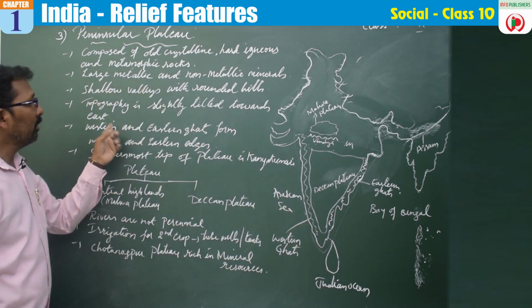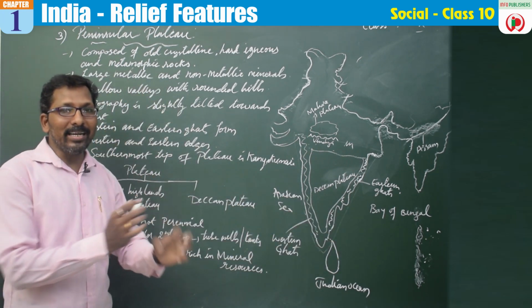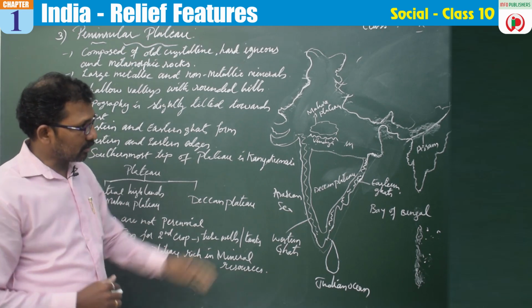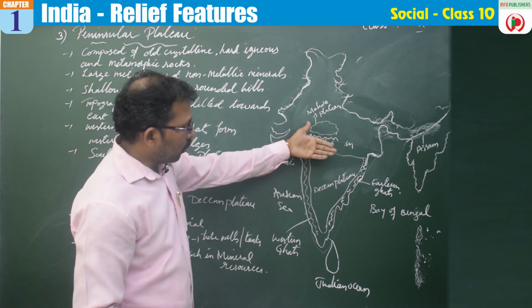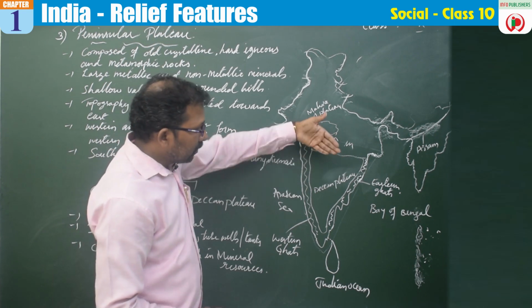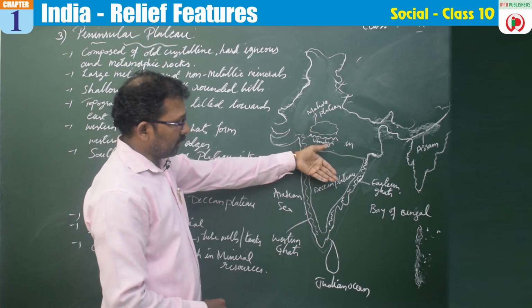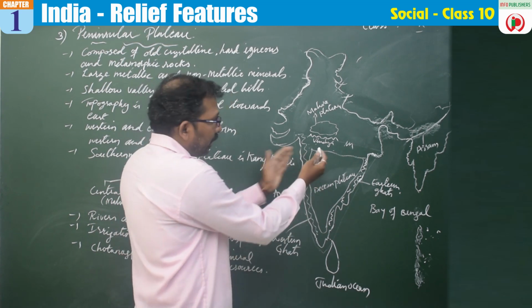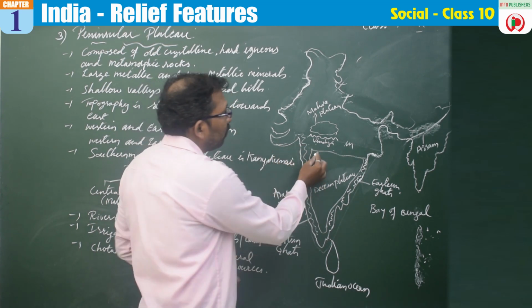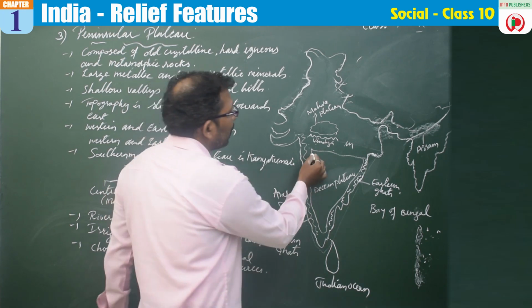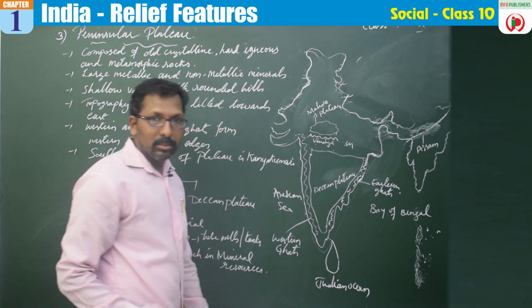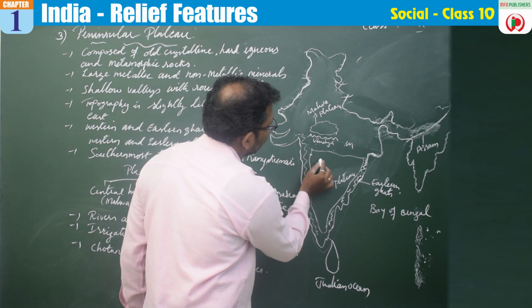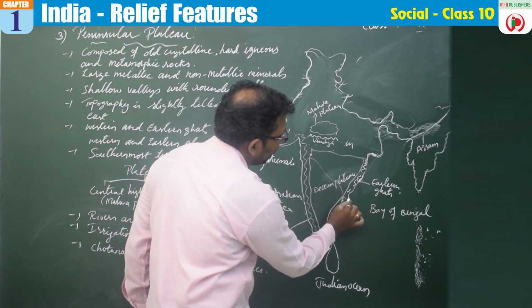Okay, next point, the topography is slightly tilted toward the east. Yes, if you can see, this particular topography is not straight. It is quite tilted, so this side it is tilted. So what is happening? The rivers which are emerging from here, for example, Godavari. Godavari starts in the west and flows like this, towards the east.